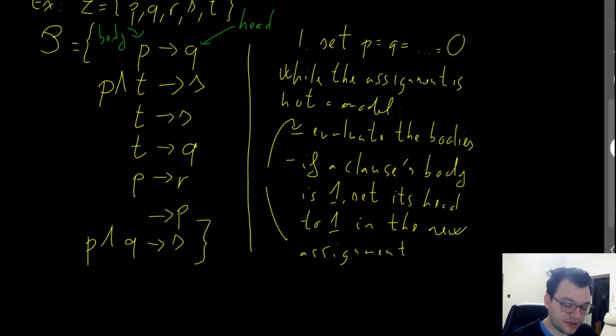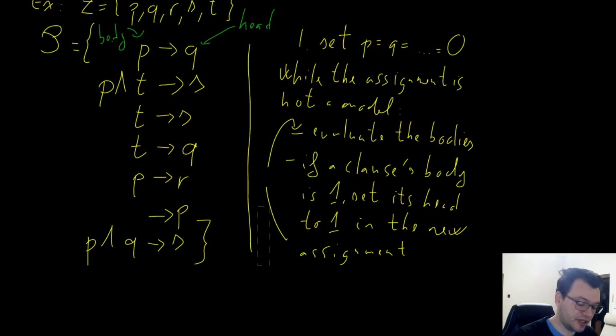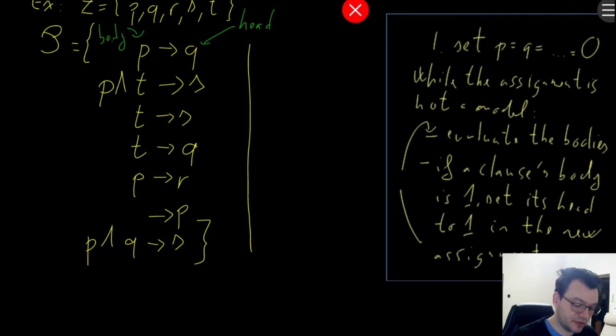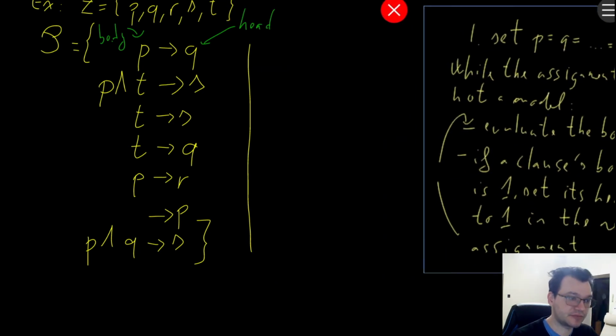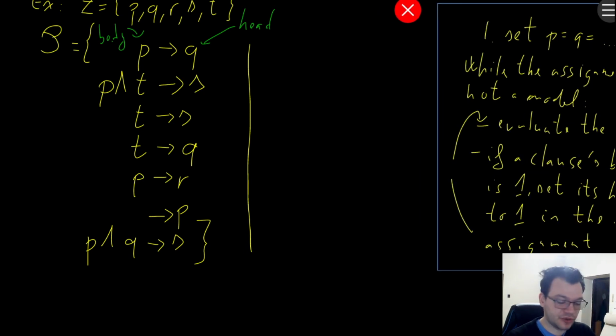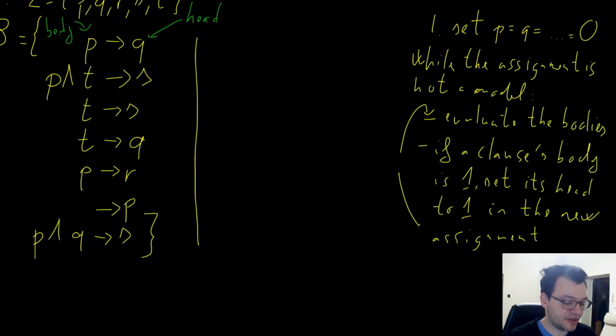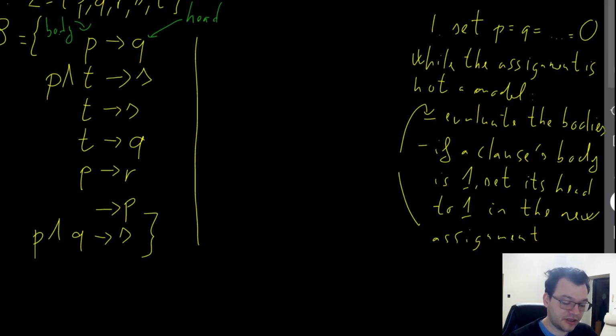I'm trying to move this to the right in order to make the actual program visible, but I'm almost sure that you already understand what the algorithm does. In the middle I will track our actual assignment in a tabular form.